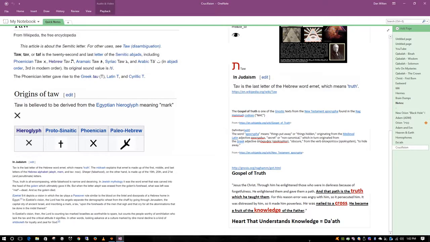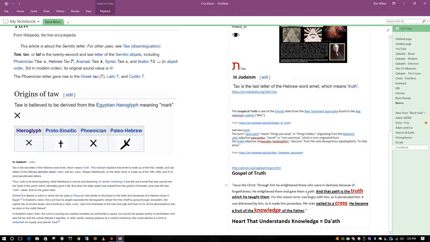And so if we take a look at the Gospel of Truth again, there's some really interesting stuff here, because this is a really important paragraph. It really puts this Da'ath together for you, because it says, through him he enlightened, Jesus the Christ, through him he enlightened those who were in darkness because of forgetfulness.